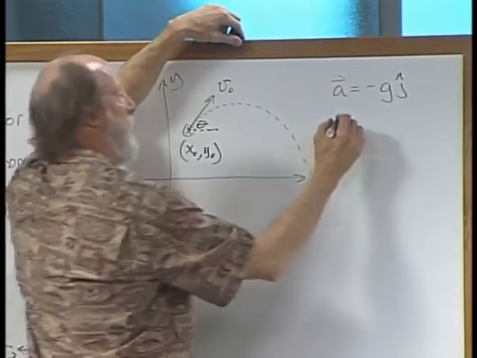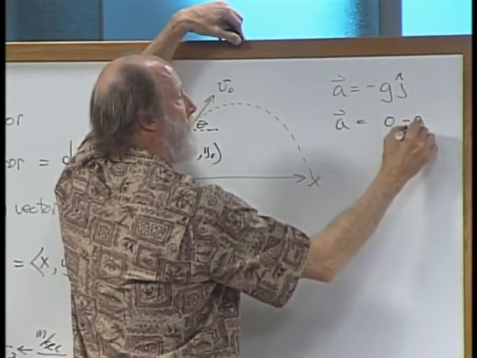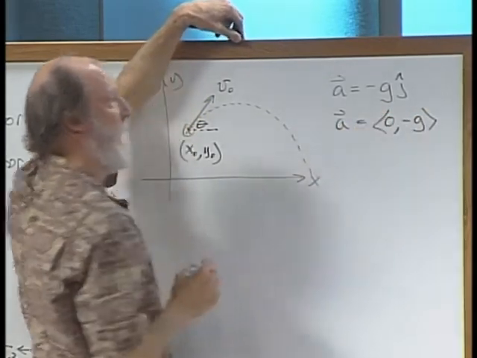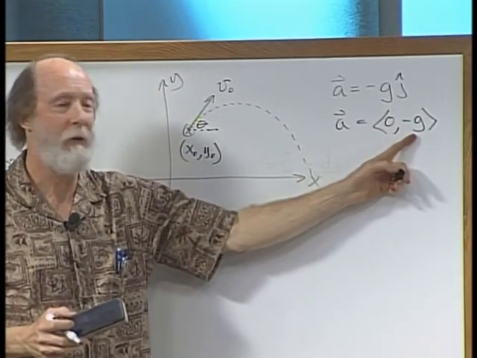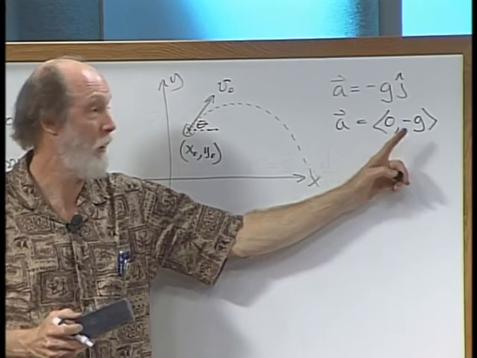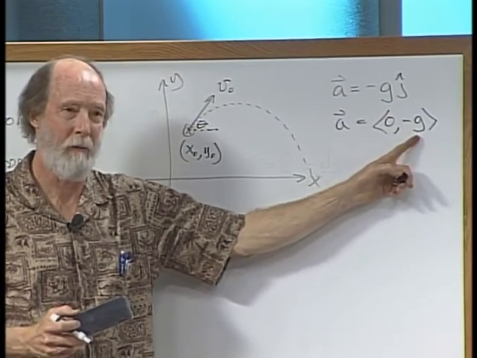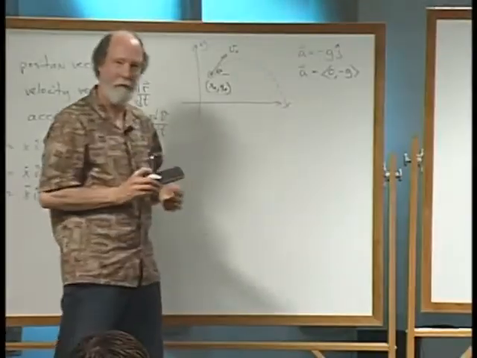Could also have been written as 0, minus g in that angle bracket notation. And this could be 32.2 feet per second squared, or it could be 9.81 meters per second squared. Okay, easy.